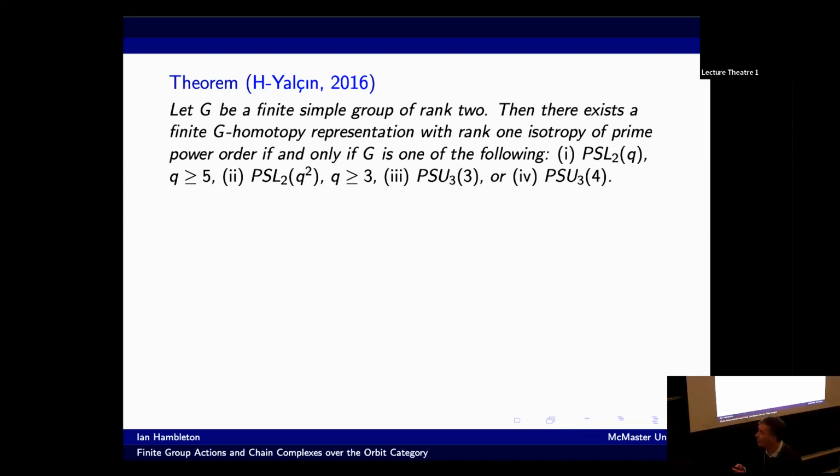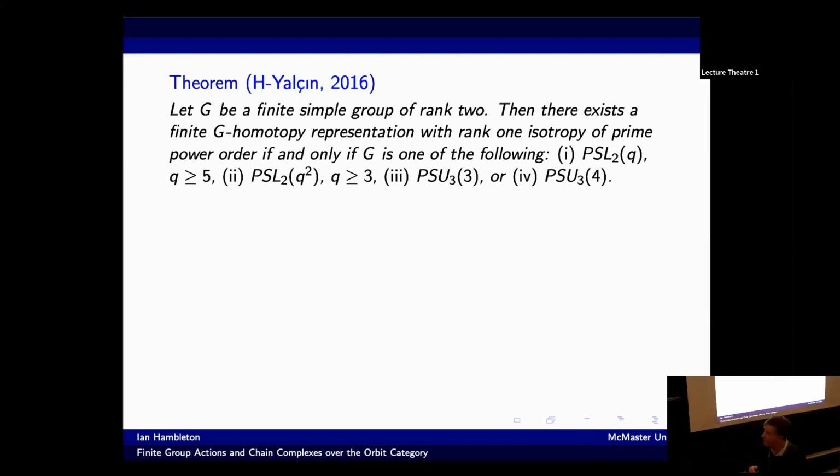Okay, there are a few. The earlier ones, unless the PSL2, for example, PSL2(q), where q is a prime bigger than or equal to 5. On an earlier slide, I said that if the prime was bigger than 7, there's no orthogonal representation with rank 1 isotropy.